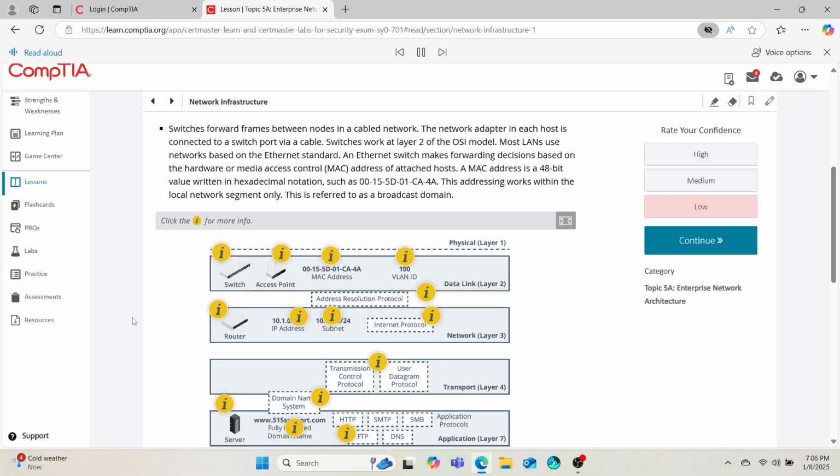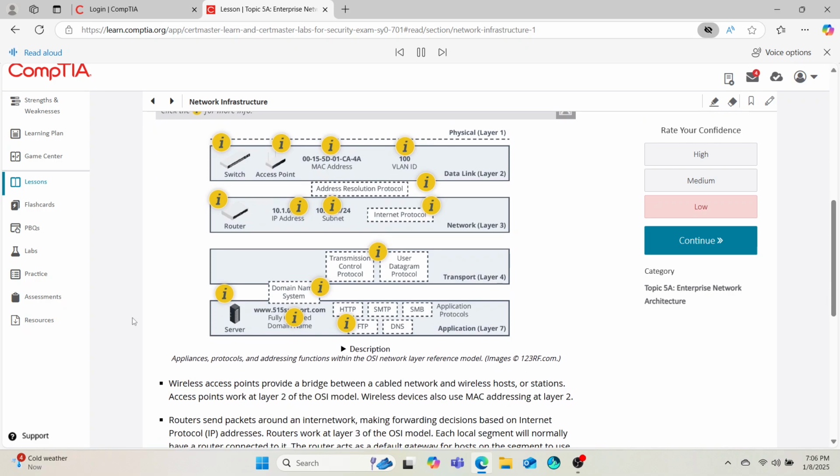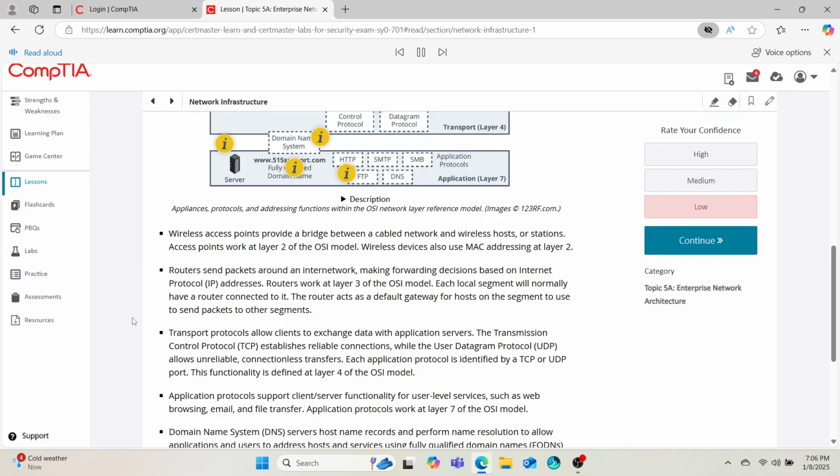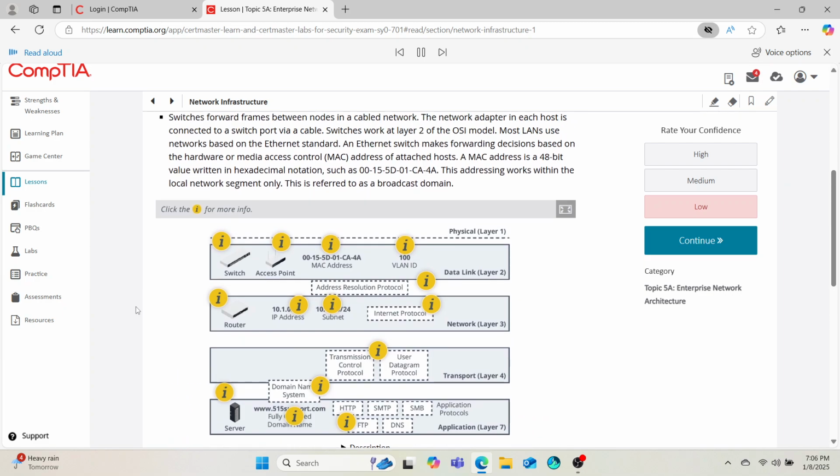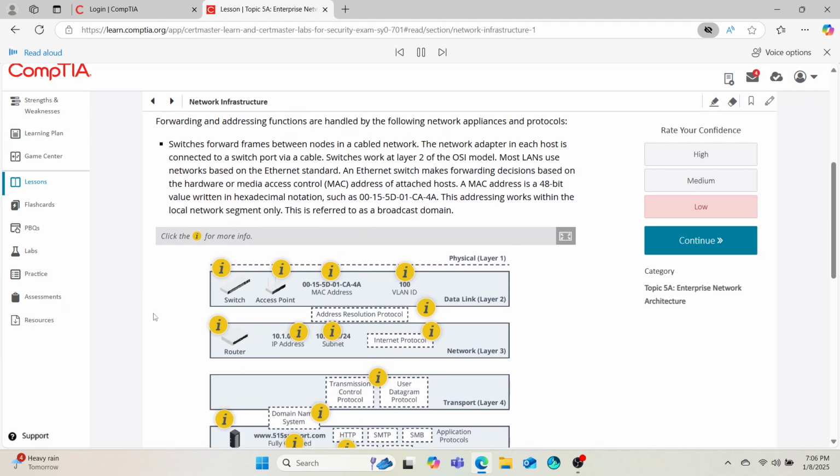The network layer includes a router and an Internet Protocol. It has IP address 10.10.0.192 and subnet 10.10.0.0/24. Address Resolution Protocol is between the data link layer and the network layer.